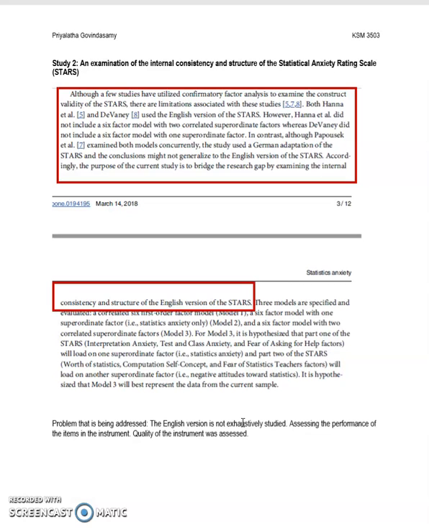That is the concern or the problem that has been addressed by this study.